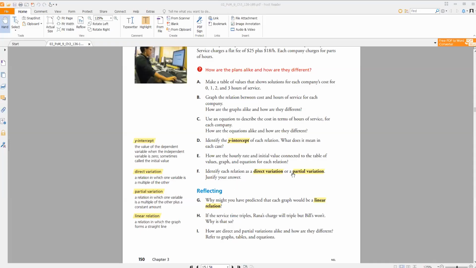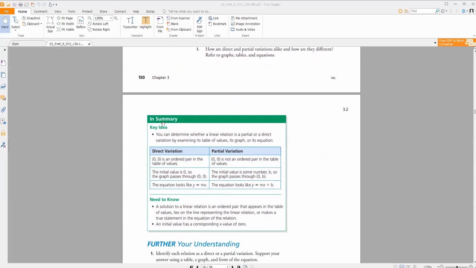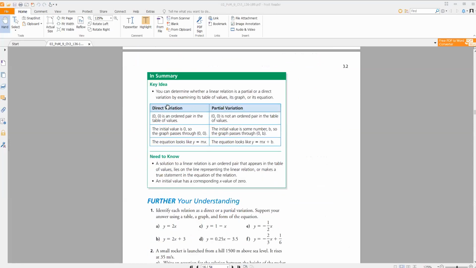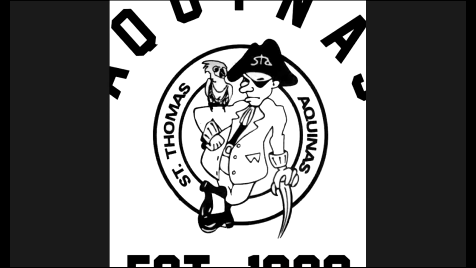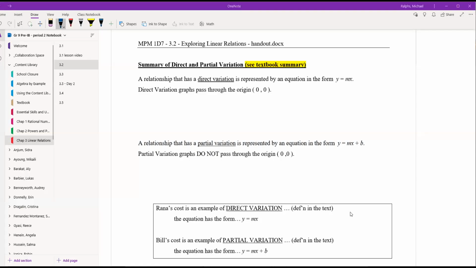For direct variation, partial variation, in the summary box here on page 151, you can see the differences between direct variation and partial variation for the table of values, the graph, and the equation. Okay, so that could be something that you could fill out here in your note just to complete this.